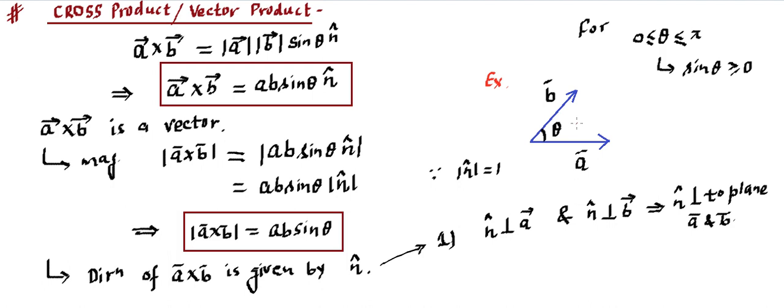Now when we talk about the perpendicular to this screen or whiteboard, there are two possible directions. One direction is perpendicular to the screen and coming towards you, pointing outwards, and another direction is pointing inwards, perpendicular to the screen. So we will make a symbol.